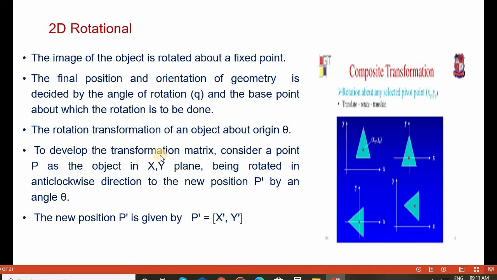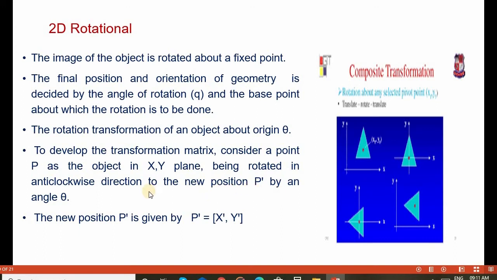For the development of the transformation matrix, consider a point P as an object in the xy plane. The initial point P has coordinates x, y. It is rotated in the anti-clockwise direction by adding the angle theta to get the new position P dash.